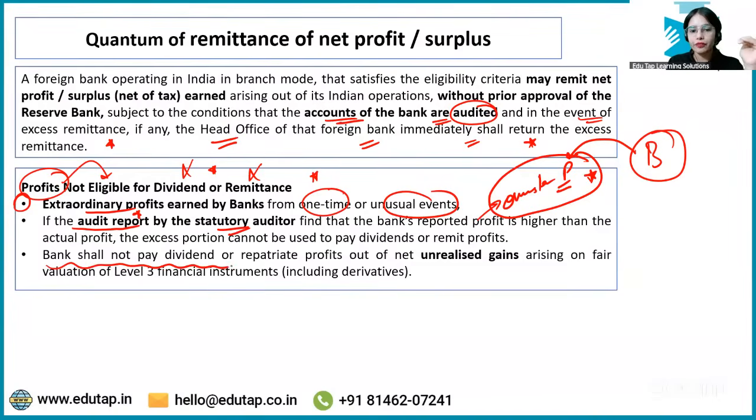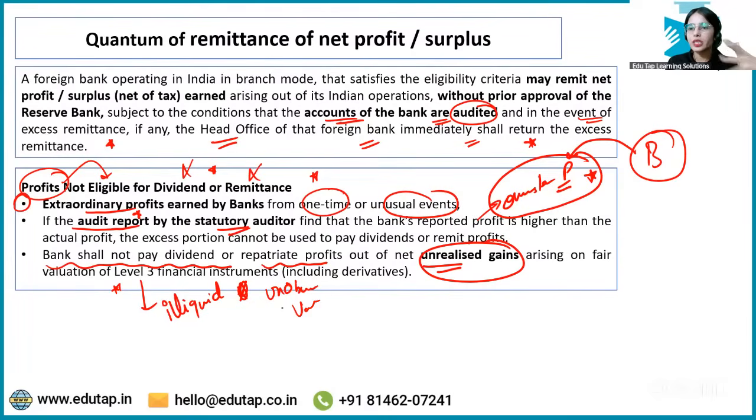Bank shall not pay dividend or repatriate profits out of net unrealized gains arising on fair valuation of level 3 financial instruments. Level 3 financial instruments are basically those that are illiquid and have unobservable valuation.